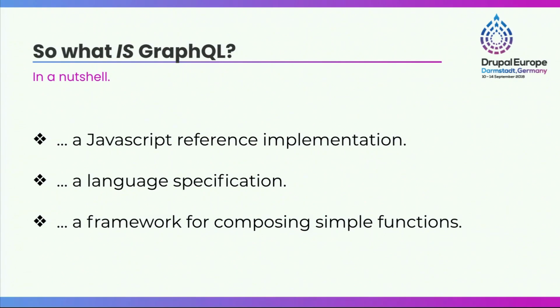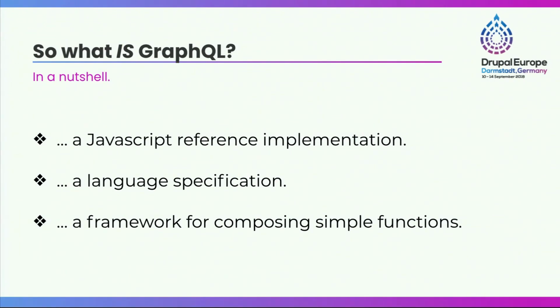On the other hand, GraphQL is a language specification. So it's the definition of how this query that we've seen before has to look like. So it's the specification document. And from a software architecture point of view, and I think that's the most important one, I would define GraphQL as a framework to combine and compose simple input-output functions to a lot more complex operations.